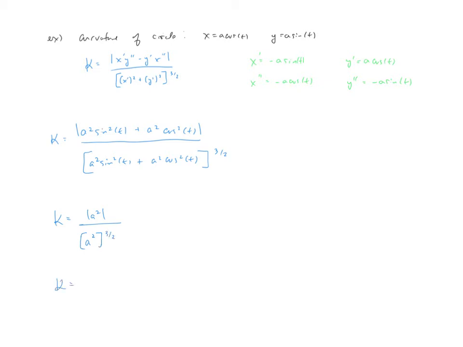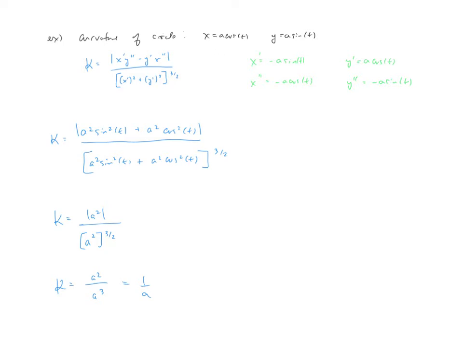So then for kappa, we've got our a squared on top, and in the denominator, that's going to be an a cubed, which is going to be 1 over a. Now, what is the a? Well, if you come back up here and you look at the parameterization, this is a circle of radius a.